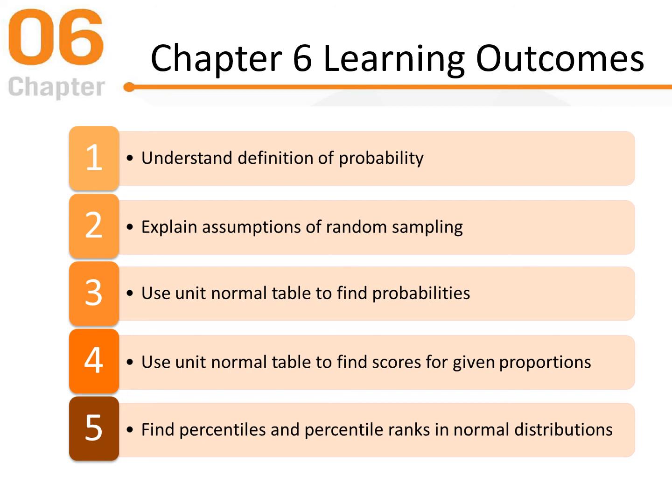This is the standard normal distribution table that you have in your appendix, and it's basically the normal curve that's been integrated and put into a tabular format. Using this unit normal table to find scores for given proportions.